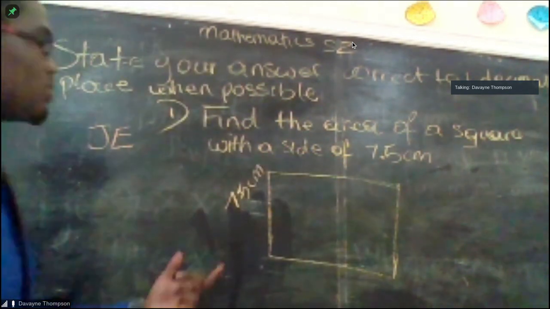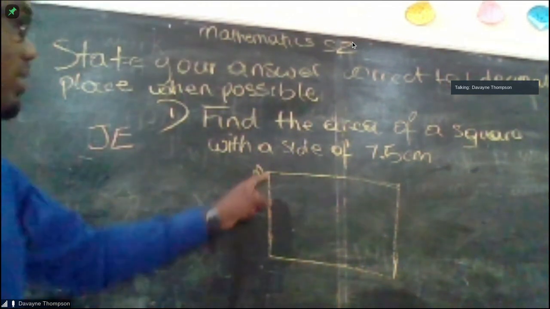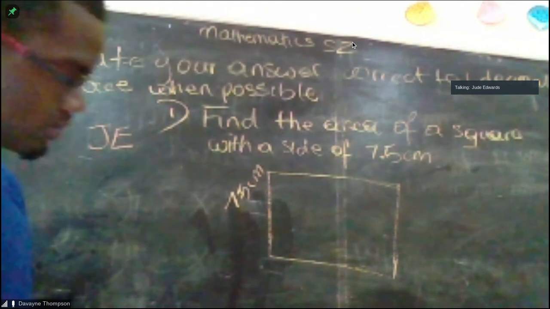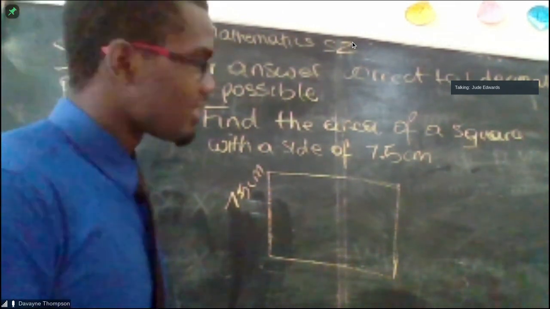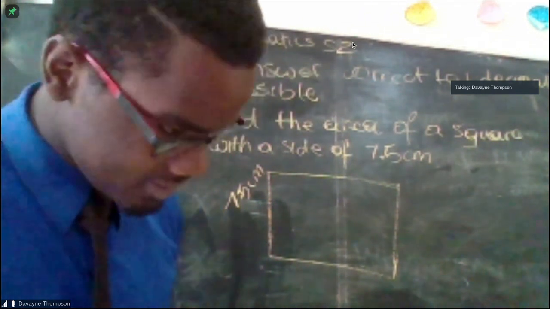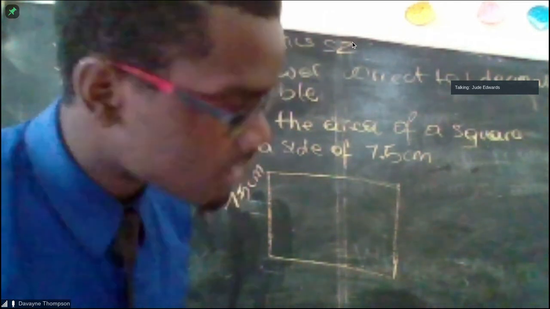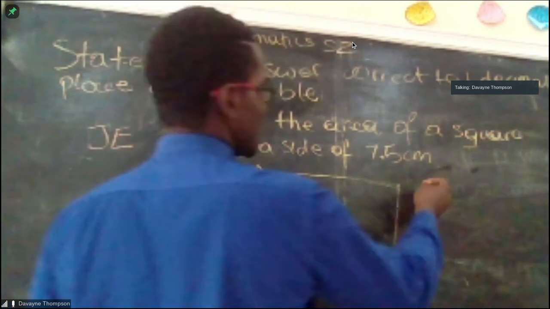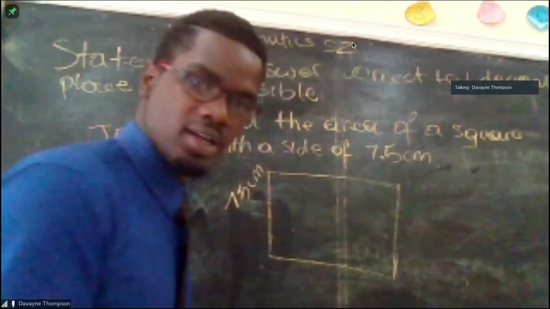My question to you, Jude, what is the formula for the area of a square if one side is 7.5 centimeters? 7.5 times 7.5. So you're saying the formula is length or L squared.